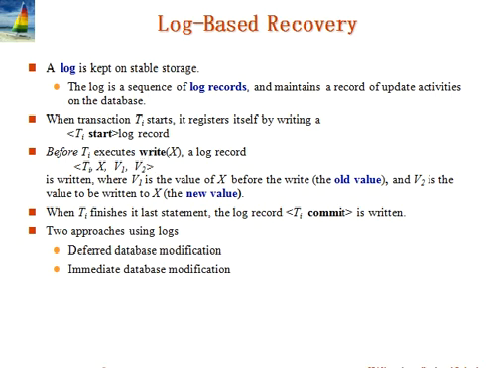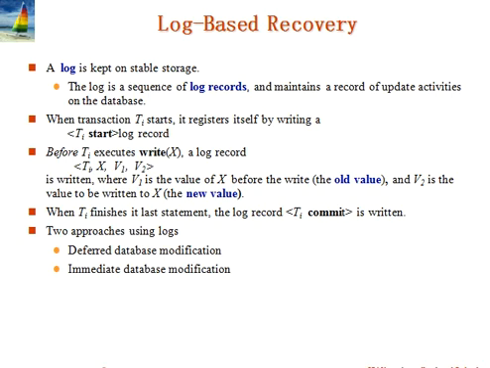So I am going to repeat again. There are several types of log records. An update log record describes a single database write, and it has different fields. The transaction identifier is the unique identifier of the transaction that performed the write operation. To each transaction a unique identifier is given by the database system.